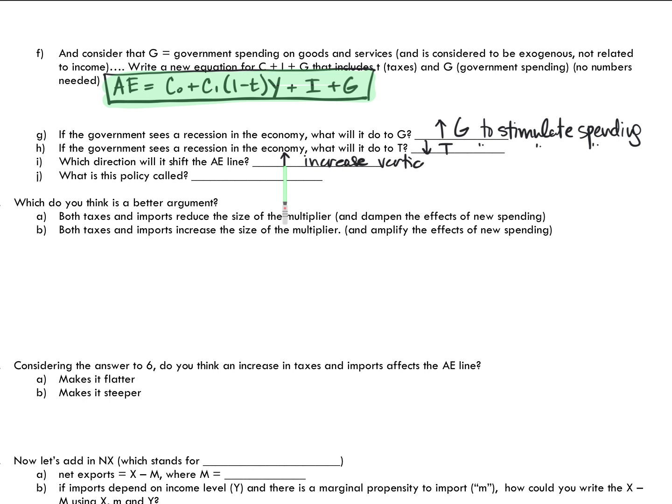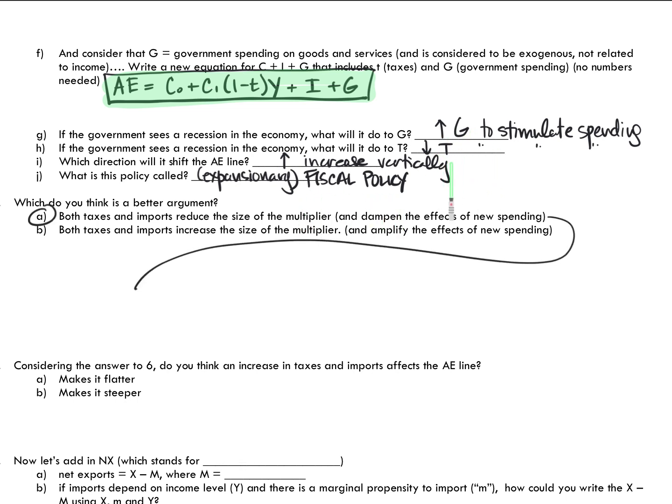All of this will hopefully increase the aggregate expenditure line vertically as people spend more. The direction is called expansionary. We're trying to expand spending. The opposite would be contractionary. Overall, this policy is called fiscal policy because it uses the tools of the government budget. Monetary policy is different, but this is fiscal policy.